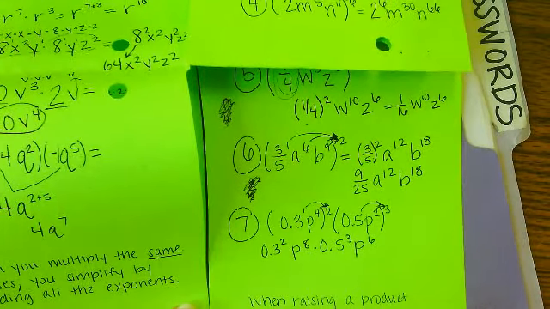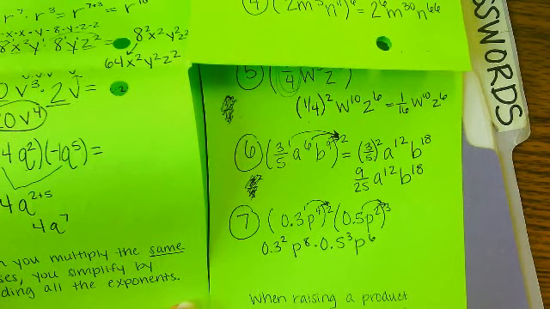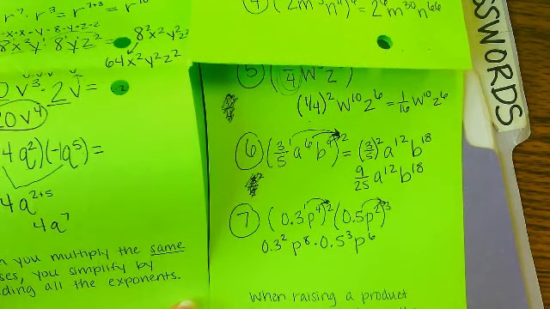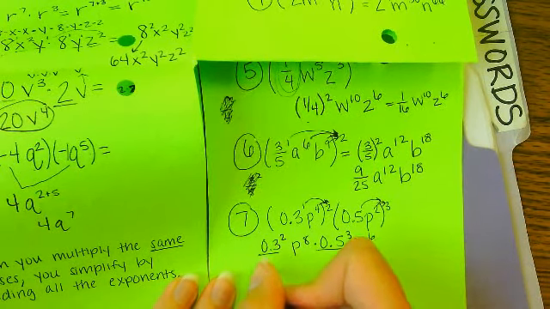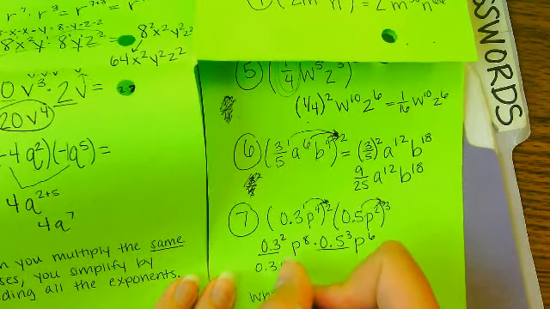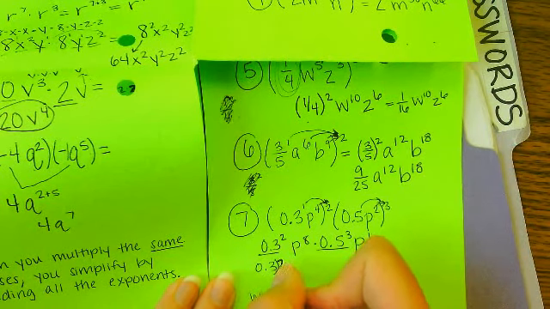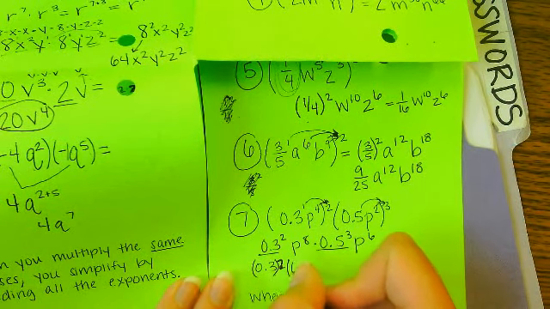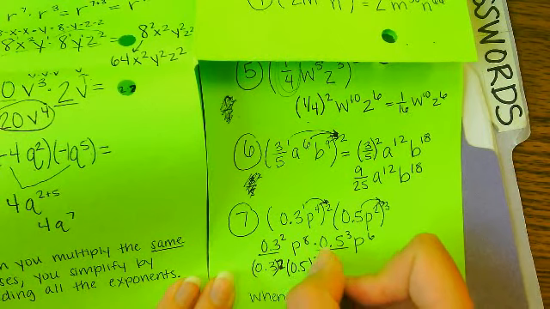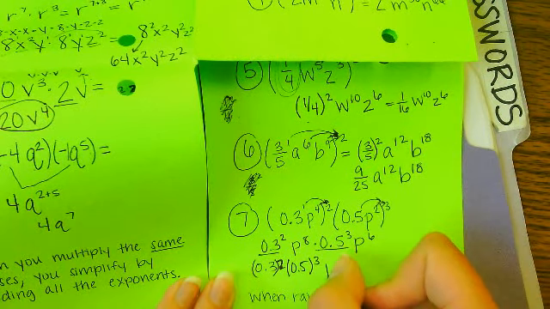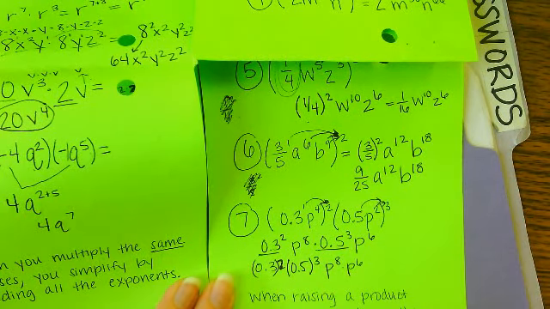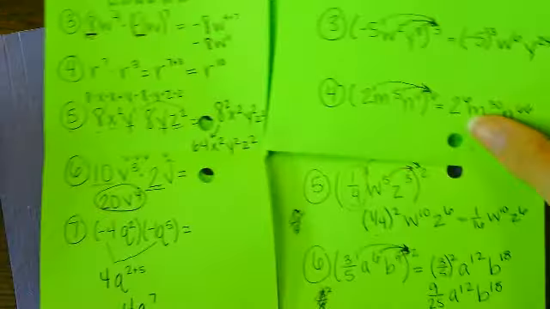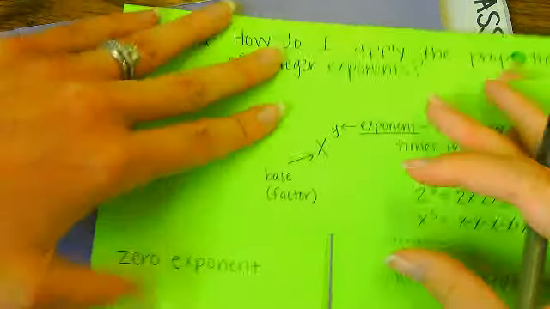The reason I say that is because you can combine your P values together, and you can combine your coefficients together. So I'm going to move these together. 3/10 squared and 5/10 cubed. And then if I have P to the 8th times P to the 6th, there's what product of powers looks like. Remember, product of powers, look back at it.